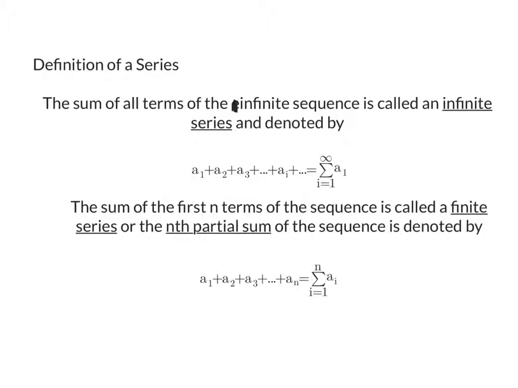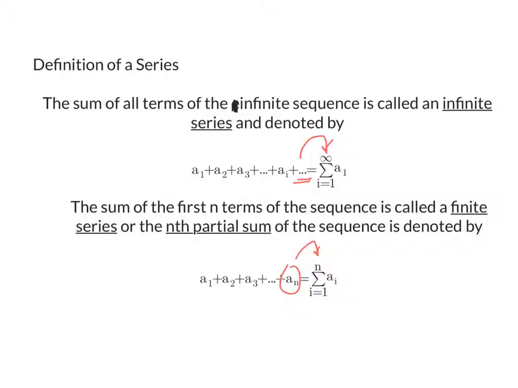It is denoted by a sub 1 plus a sub 2 plus dot, dot, dot. Notice that this one actually has a true ending. So this one has a stopping point, whereas this one did not. It kept going. And that ending is located at the top, whereas this one didn't have an ending, so it's all the way into infinity. It's the main difference between the two.